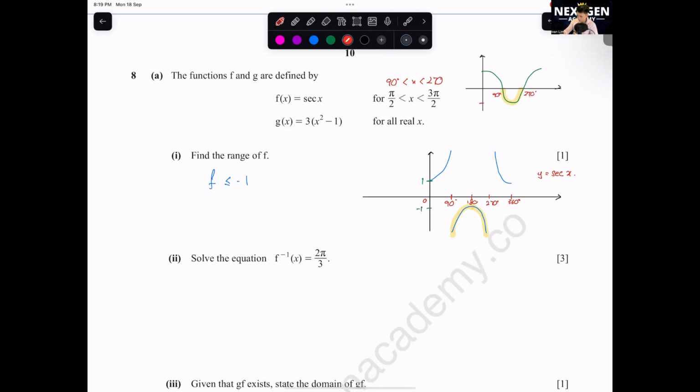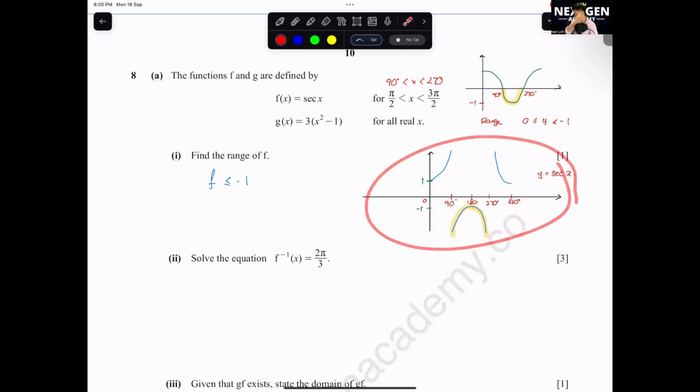So we have a negative 1. What is your domain? Your domain for this one is from 0 to, and your range is, no, doesn't make sense also, until negative 1, right? Anyway, I think that you all need to actually know this one. So just remember the emoji when you all do secant x.